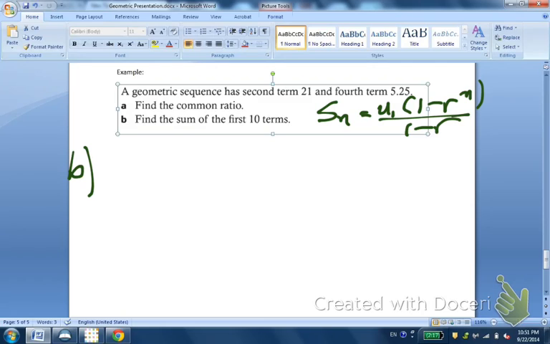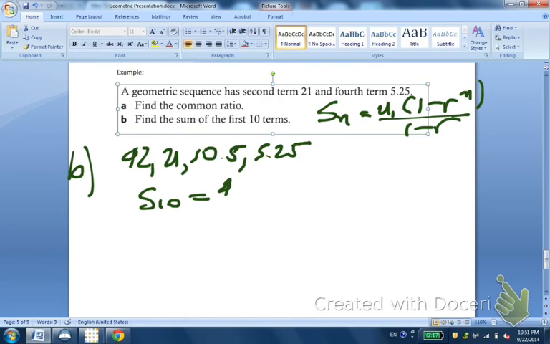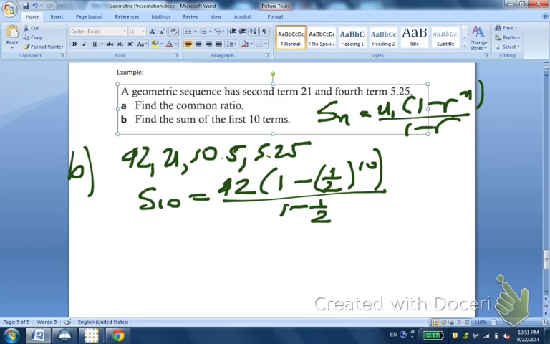For the first sequence, which was 42, 21, 10.5, 5.25, S of 10 is u of 1, which is 42, times 1 minus a half to the 10, over 1 minus a half. You've got to use a calculator here. The value that we get here is 83.92.